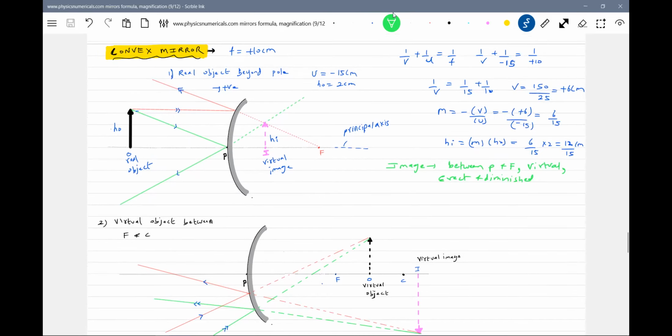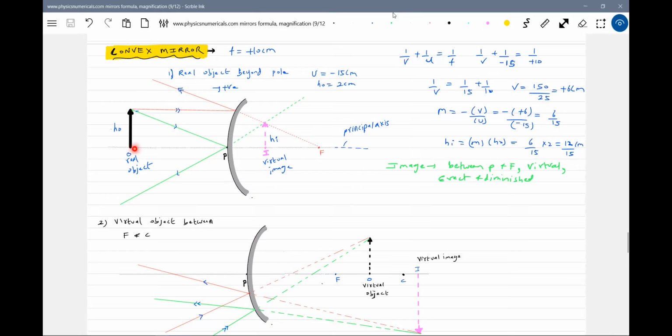Okay, now you do one thing. Change this: minus 30, minus 60, like this, keep on increasing. Start moving this object away from the pole. You can see that as this distance increases, v will further decrease. As u increases, v will decrease. There's a formula, so try to analyze mathematically.